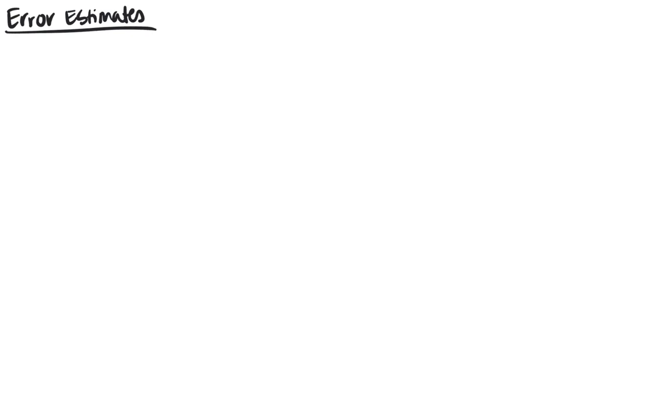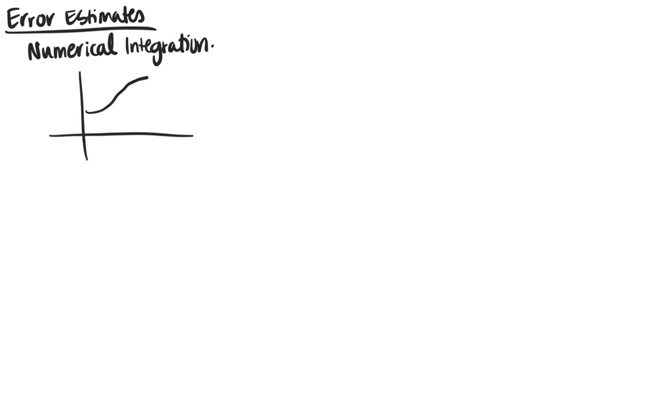So basically, a couple of places where this shows up is in the section on numerical integration. In numerical integration, we often have a few different methods. We're talking about Riemann sums, maybe a left and right hand Riemann sum.